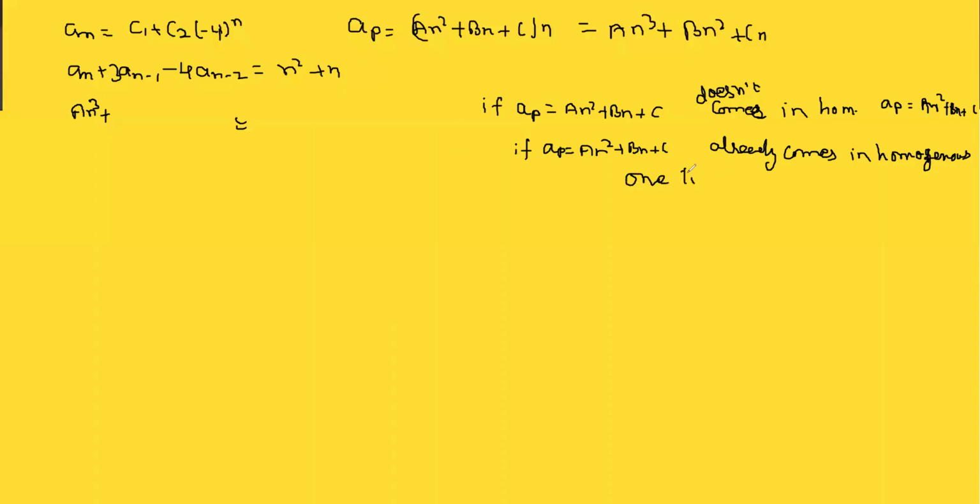One time. Then AP will be n into... 2 times... 3 times.